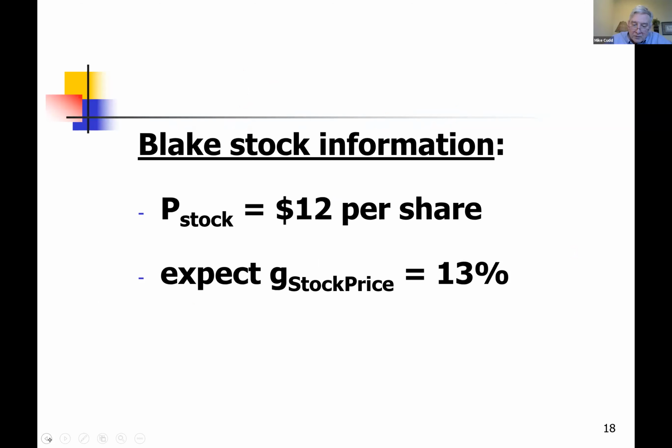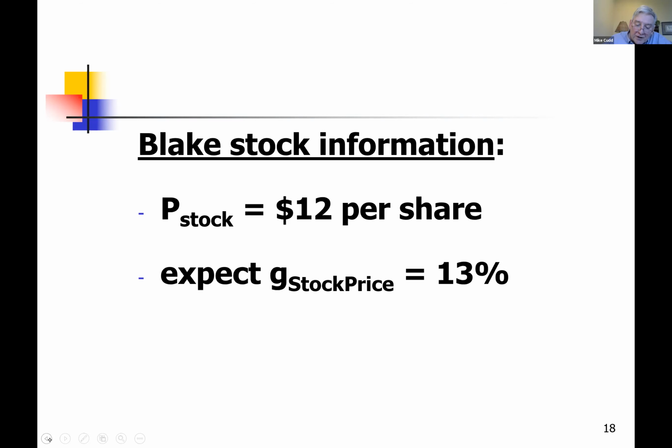If the stock really takes off, it's exempt from call for 5 years. But after then, Blake Corporation could force the bondholder to sell the bonds back to Blake for $1,040.